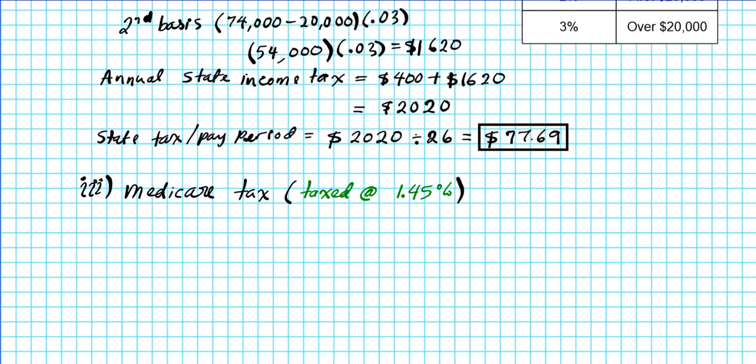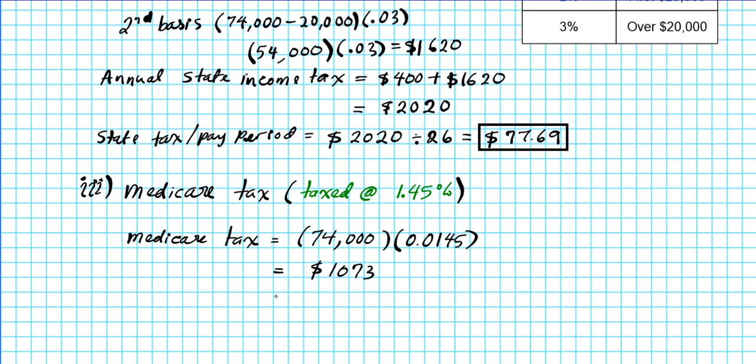So let's go ahead and carry out the calculations. Her Medicare tax is going to be her annual earnings of $74,000 times 1.45% in decimal form. This can be achieved by moving the decimal 2 places to the left. That gives us 0.0145. If you enter this product into your calculator, you will end up with $1,073 for her annual Medicare taxes.